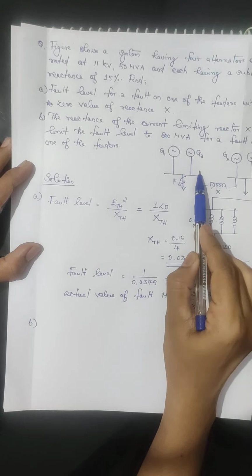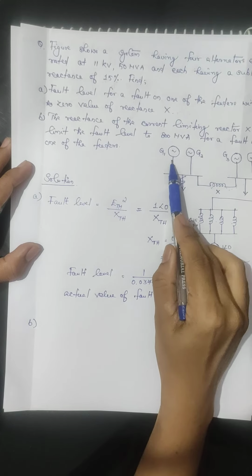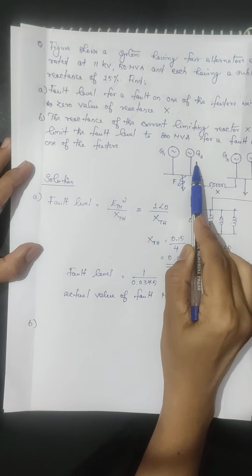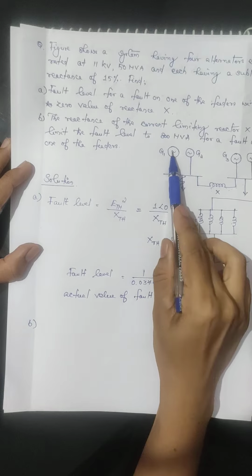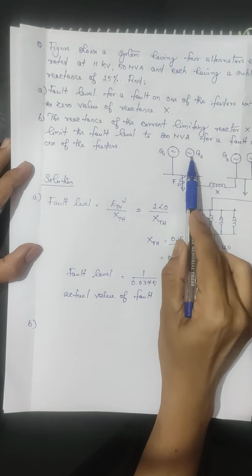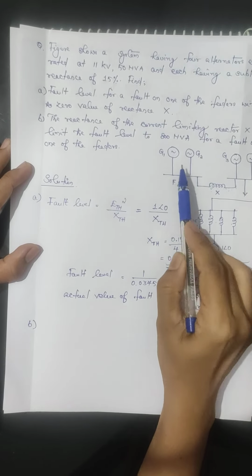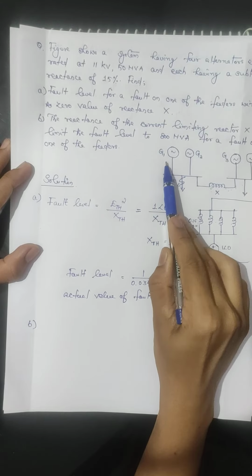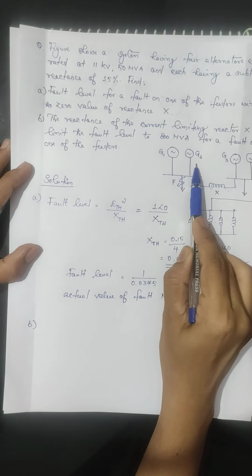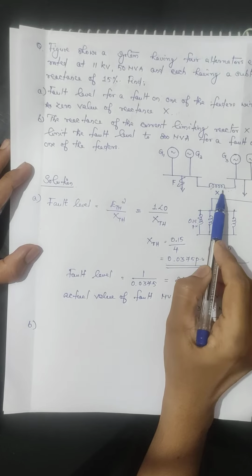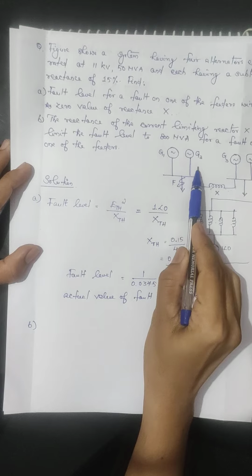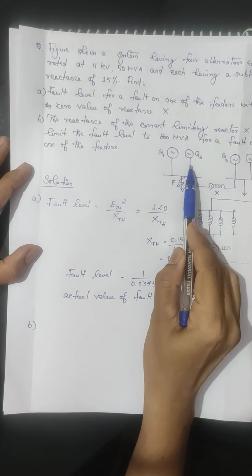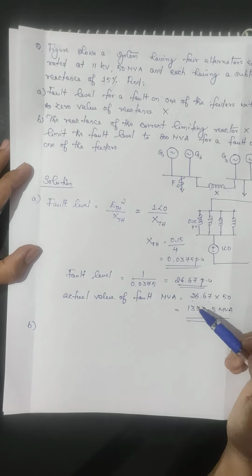So here we can see that the fault MVA supplied by generator G1 and generator G2 are not affected by this reactance X. They can directly flow towards the fault point. So fault MVA supplied by generator G1 and generator G2 is not affected by the presence of current limiting reactance X.